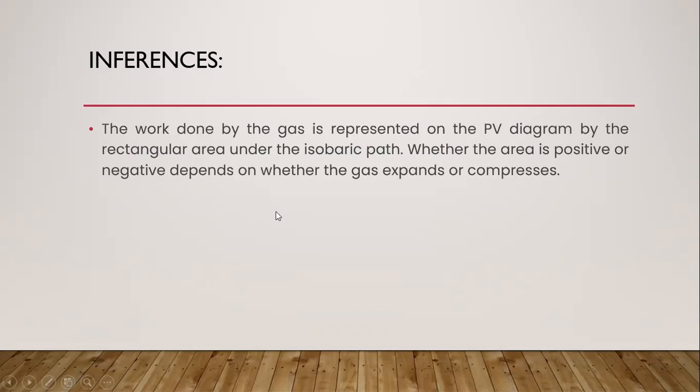These are the inferences for the constant pressure process based on the PV diagram. The work done by the gas can be either positive or negative, depending upon the expansion or compression process.